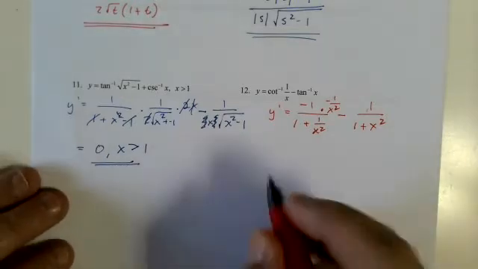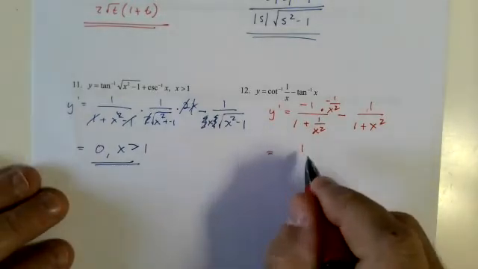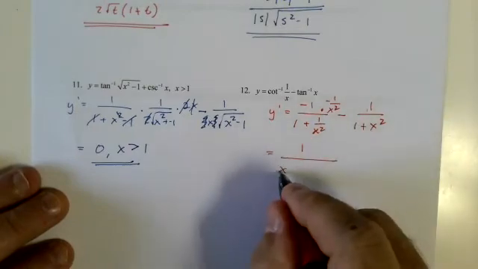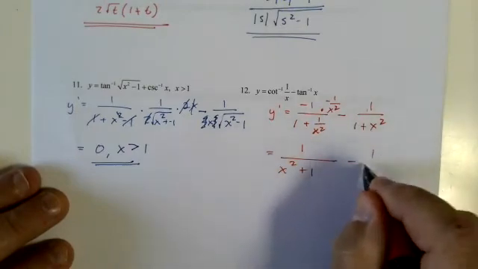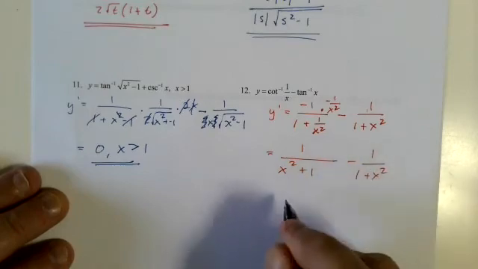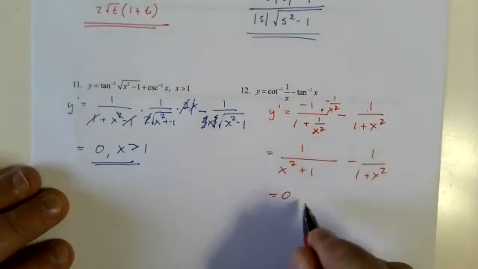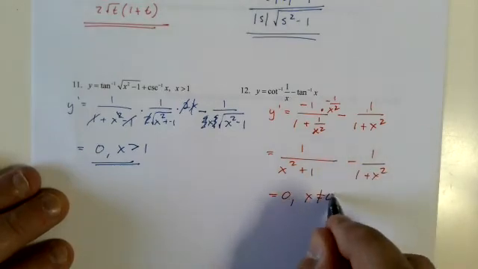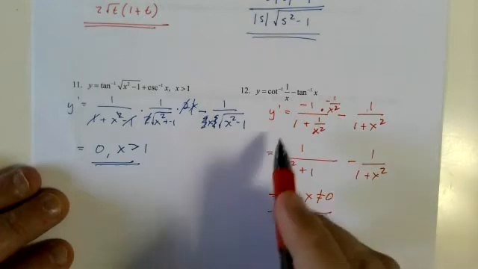Equals 1. I'm going to roll this x squared through the bottom. X squared plus 1, minus 1 over 1 plus x squared, also equals 0, as long as x doesn't equal 0, because you can't put it in as 0.